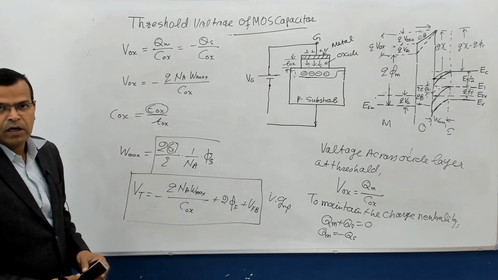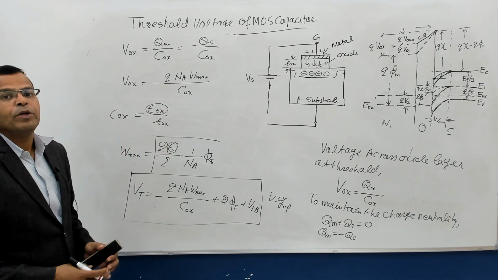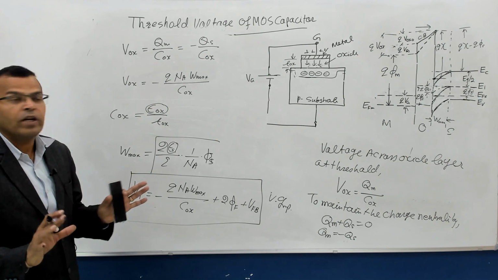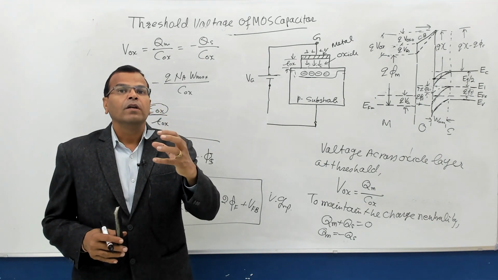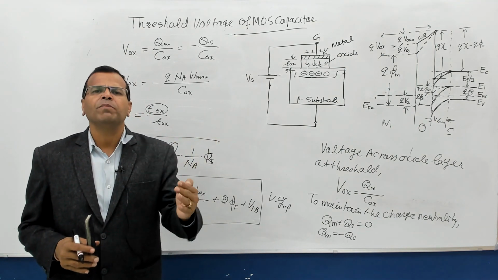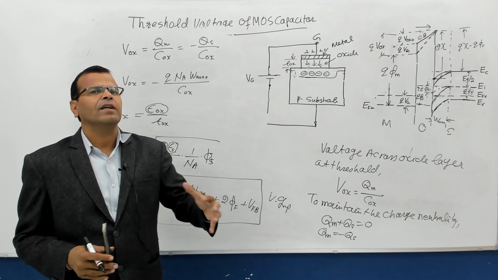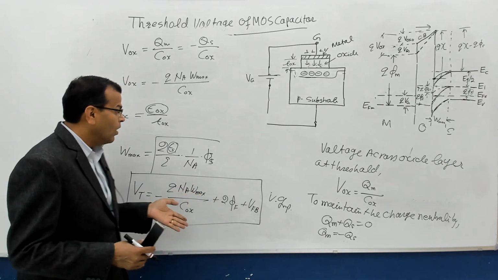Right, nowadays there are many questions appearing from the MOS capacitor. Number two, it is not a very clear concept. The MOS capacitor is not understood by every student. So I am trying to simplify it to the maximum possible level so that you can understand the concept, and if you understand the concept, it is easy to remember all the formulas.